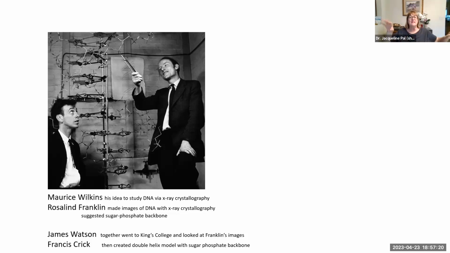It was Wilkins' idea to look at the crystals via X-ray. She's the one that actually did the experiments, and she's the one who said, I think it's a sugar phosphate backbone, and then we can have the three little rings going across, and then everything would be equidistant.